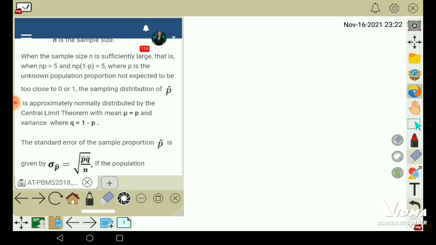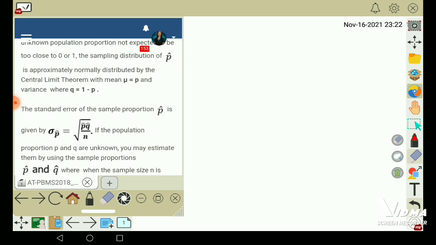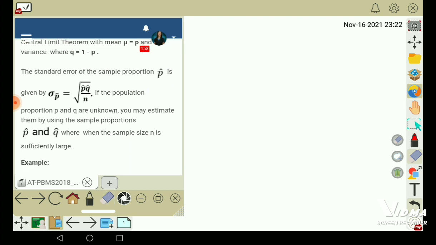The standard error of the sample proportion, represented by sigma sub p hat, is equal to the square root of p hat times q hat over n.